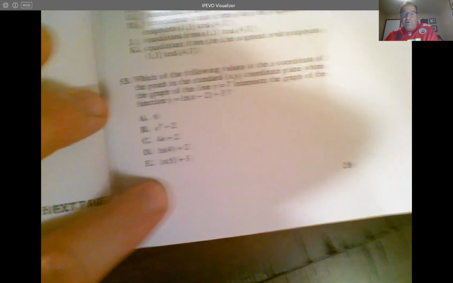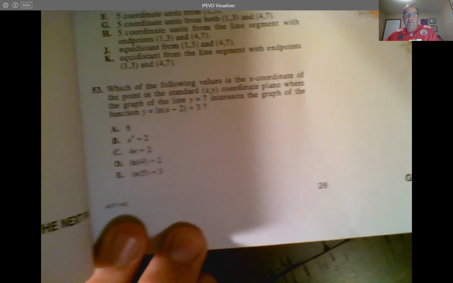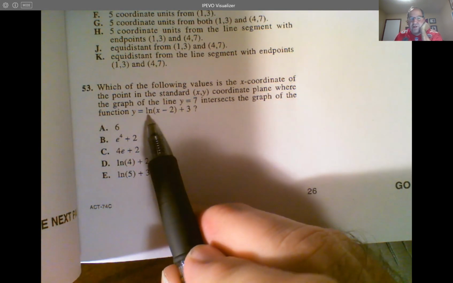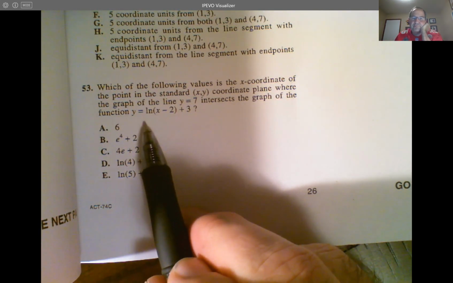This test had a lot of really great calculator questions, like number 53. I'll let you read that one for a bit. Anyone remember natural logs? Yeah, this is a tough one.